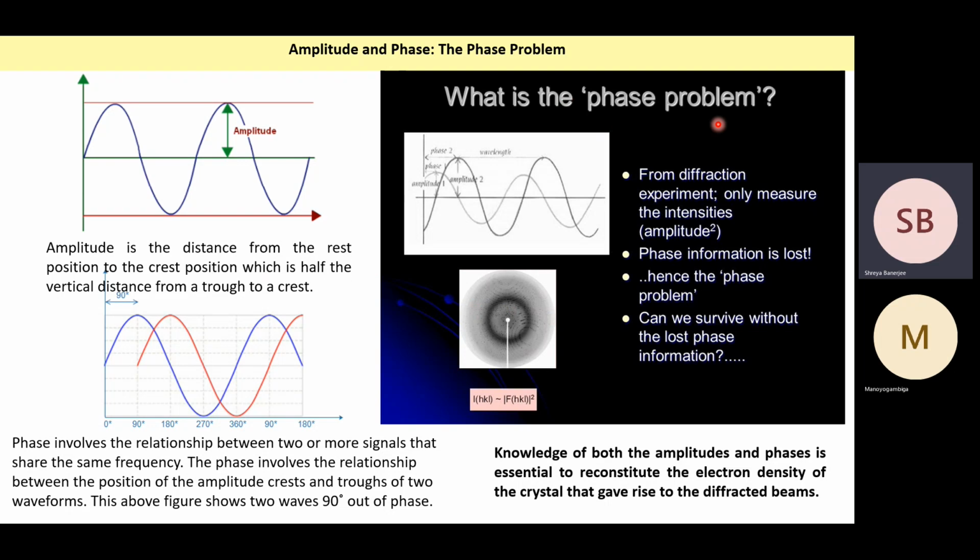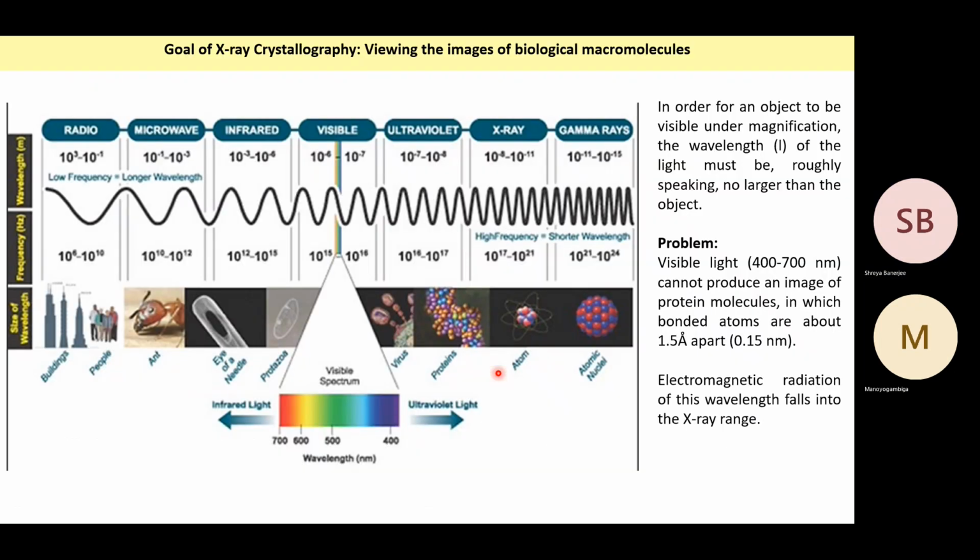So that is the phase problem: from the diffraction pattern, you do not know the phase. The knowledge of both the amplitude and phase is absolutely essential to reconstitute the electron density of the crystal that gave rise to this diffraction pattern. So how is this phase problem solved? We'll deal with that later, but this is just the introduction to the phase problem.